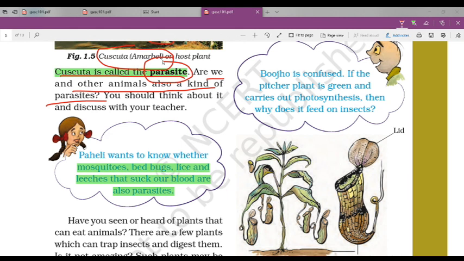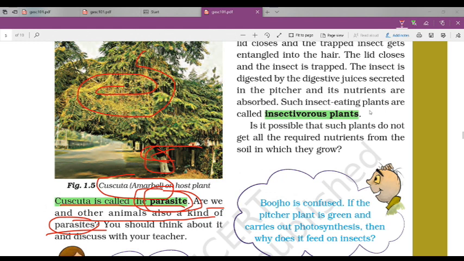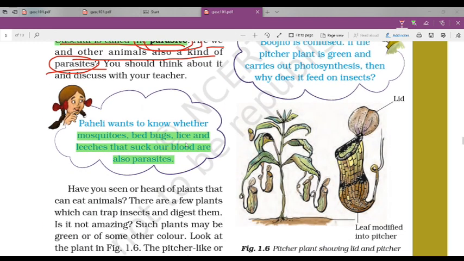But a parasite never helps the host plant in growing and prospering. We humans are providing shelter to animals and plants. We are growing, we are farming. So we can't be called parasites. We are called heterotrophs. We are dependent on plants for food, but we can't be called parasites.